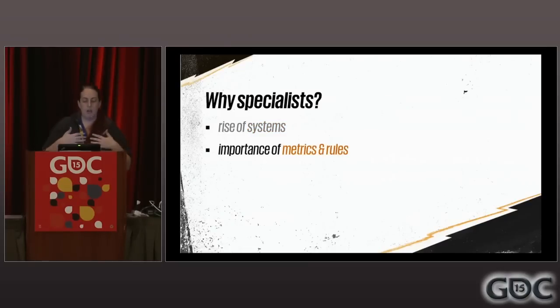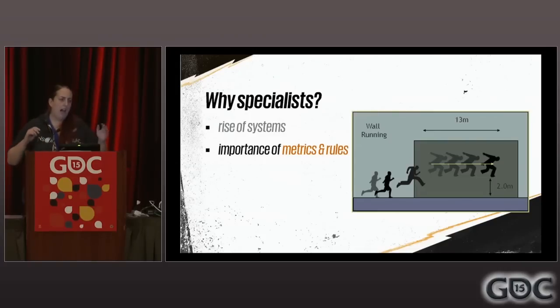So the next point is the importance of metrics and rules. With traversal, for example, we had to worry about how long a wall run was, how wide a wall run was. If the player is going to grind on a grind rail and it was 8 meters long, then it was less than a second of grinding, and maybe that was okay, but most of the time it wasn't. So what was the right length of a grind rail?